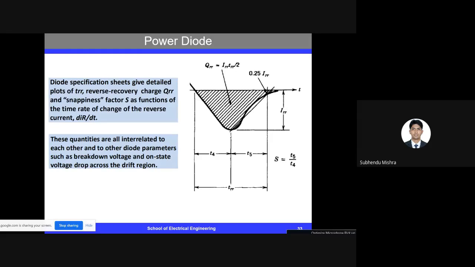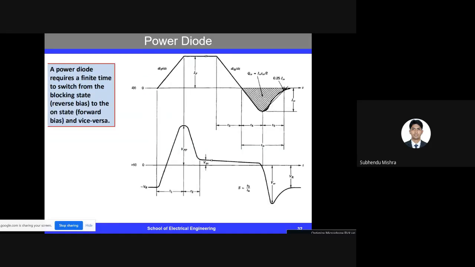What are the other parameters? The first is the forward current. What is the IF, or the limit for this particular IF? Then what is the reverse blocking voltage, VR? What is the on state voltage, V on, and what is the value of this V on?